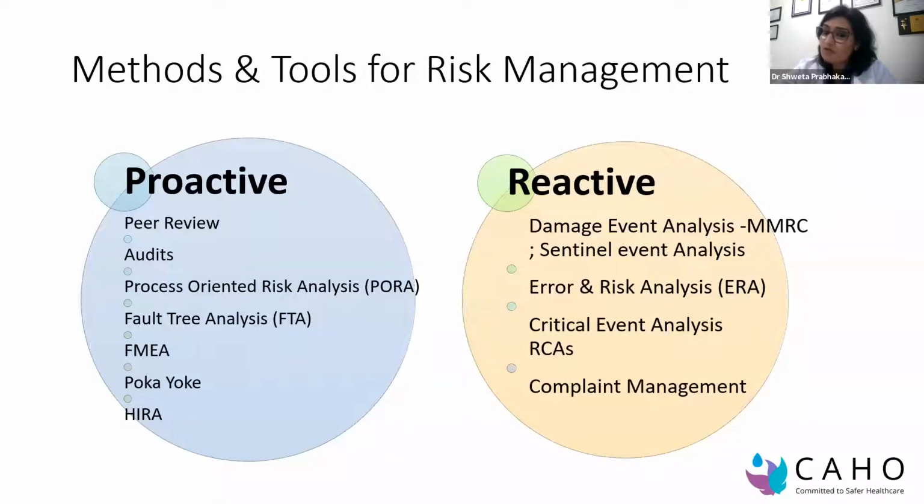Sometimes if you don't see that a particular line is placed directly above the infusion pump, there is some leakage, and it would cause a short circuit in that infusion pump, and it might lead to a fire. So there is an incident which has occurred. Now, if there is an incident, you react. So that is a reactive approach.